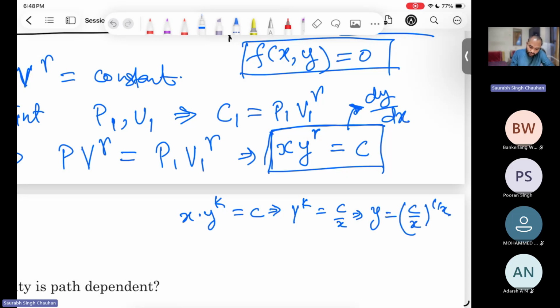So you put one value of x, you will get one value of y, right? At least in this particular case. Yes, sir. So for each given x, you will get one given value of y, so you will trace a single path.